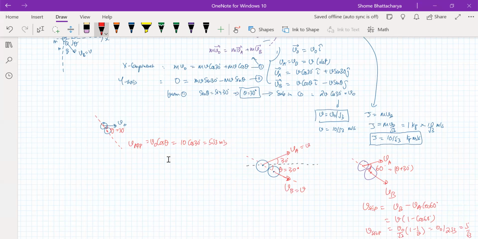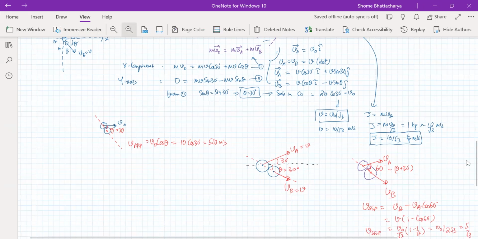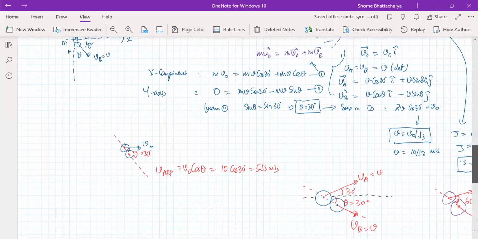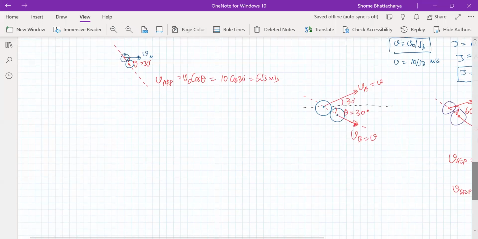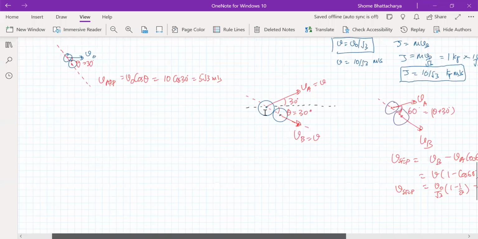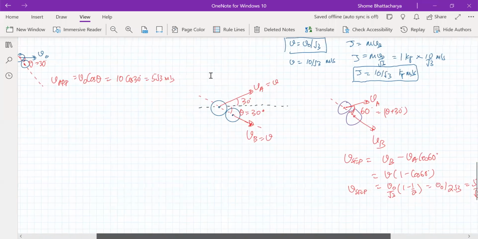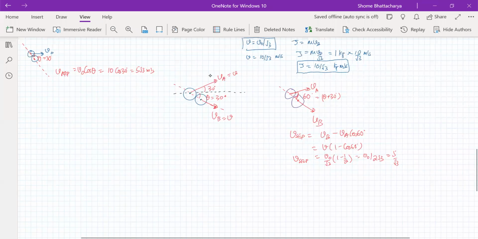Let me just modify this a little. So our approach velocity is V naught root 3 by 2, and our separation velocity is equal to V naught by 2 root 3, or 5 by root 3.